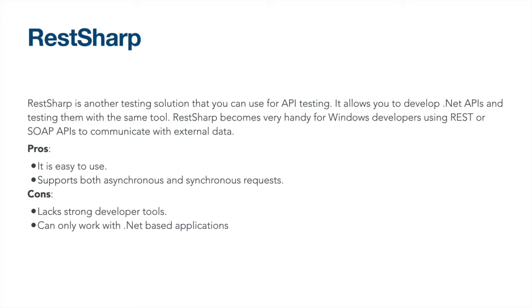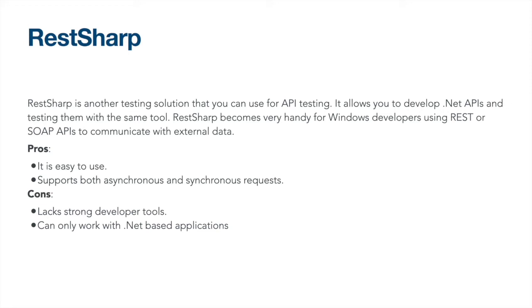Again, you can test your REST APIs, as well as SOAP APIs. It also provides the facility for Extent Reports. You can configure your reports in Extent Reports formats also. Again, it's only for .NET based applications, so this is a con for it.